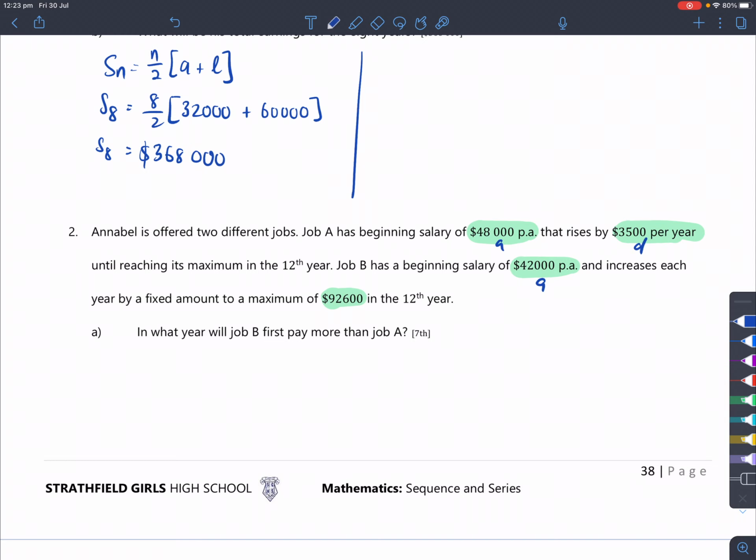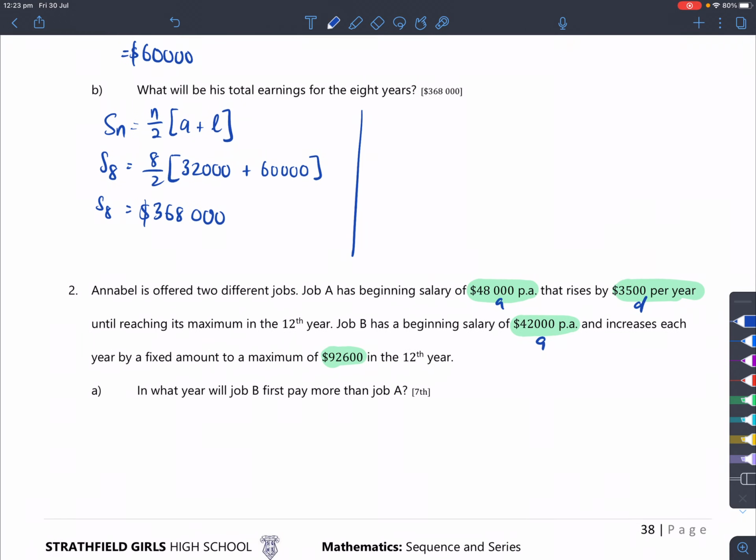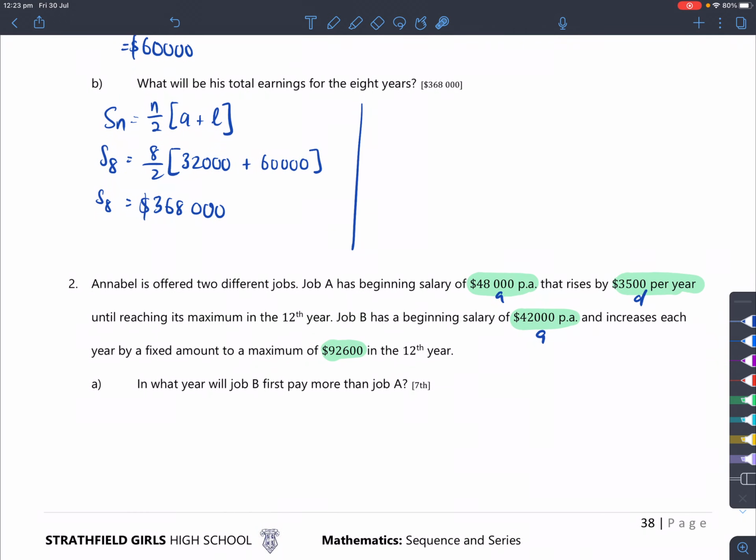We have to find an equation for the salary for each job. I'm going to start off with Job A. For Job A, Tn is, remember, A plus (n minus 1)d.